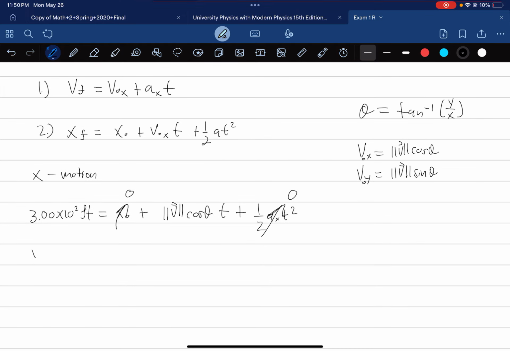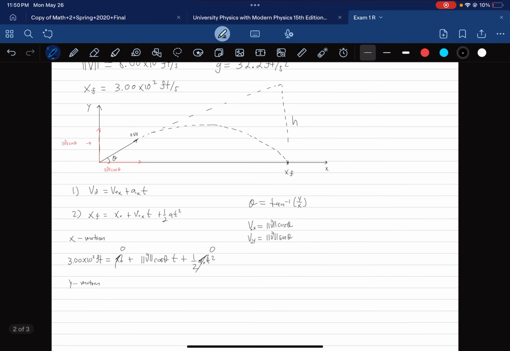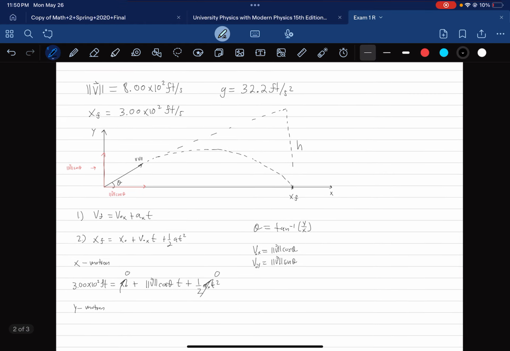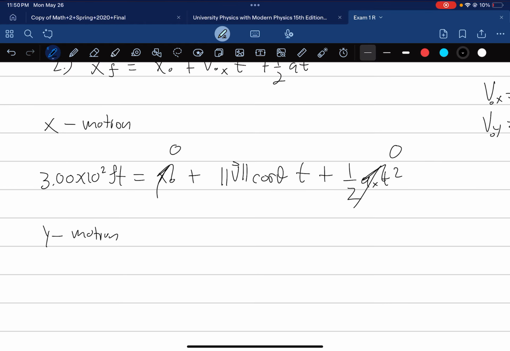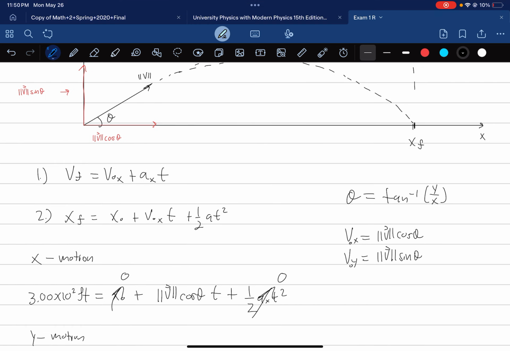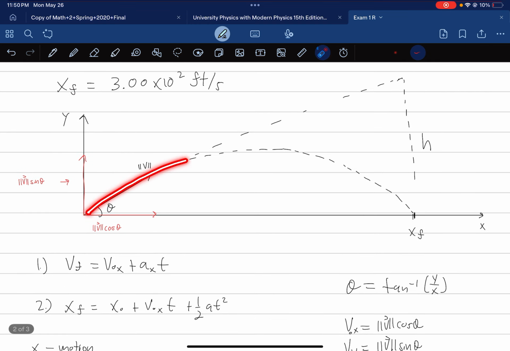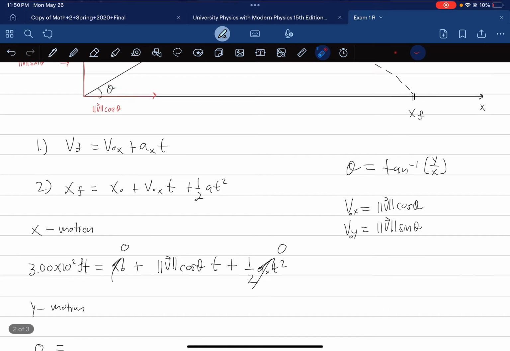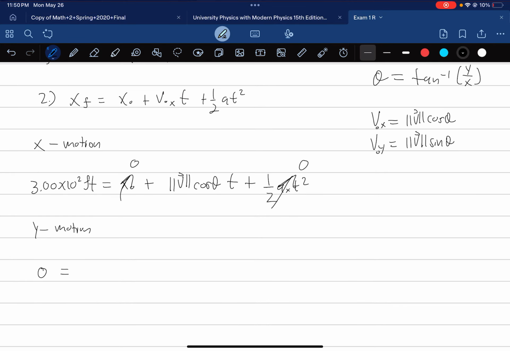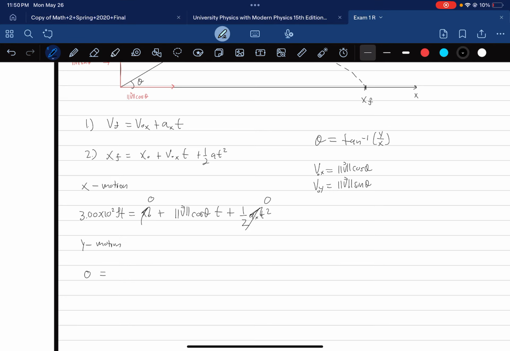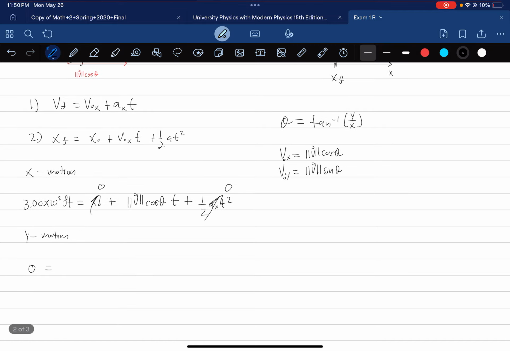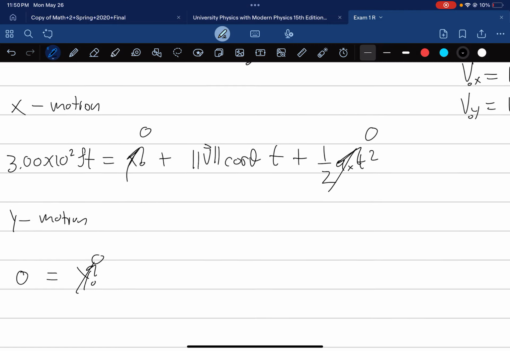Now, for the y motion, we know that our final point when it lands is going to be at 0 feet, because when it lands it goes up, eventually reaching its maximum height, and then it dips back down to the ground, which is 0 feet. And we know that our initial height is also 0, so this term cancels out.